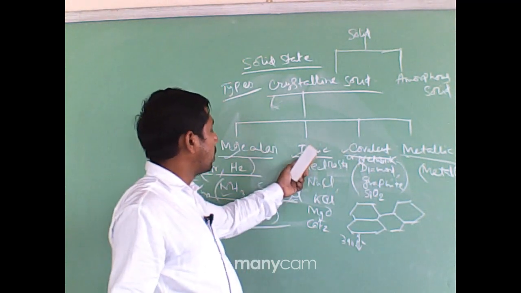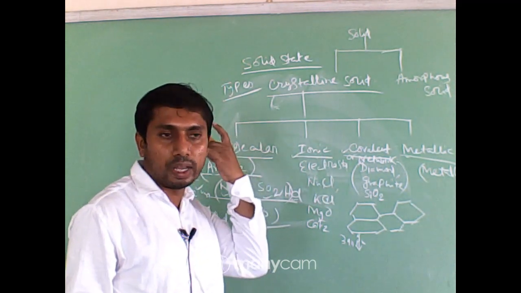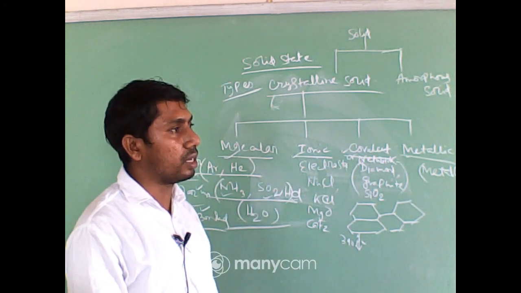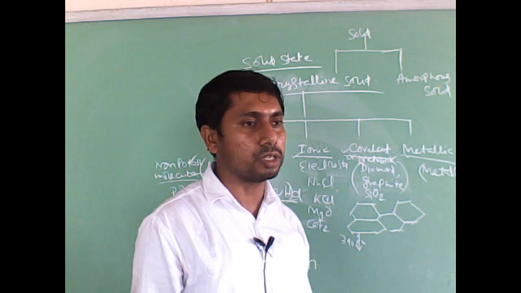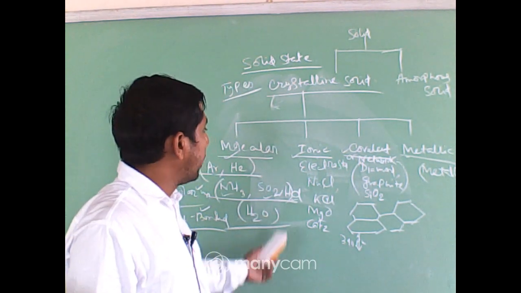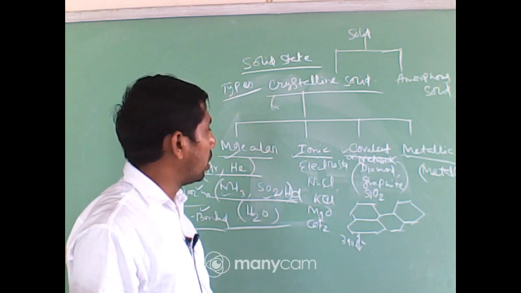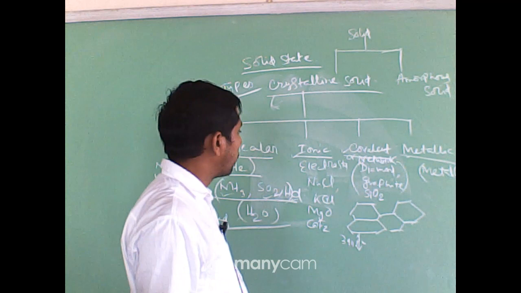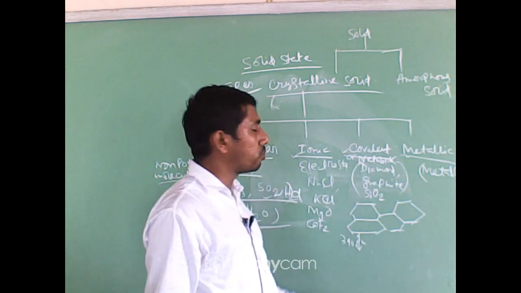Now ionic solid. Suppose 2 ions are connected through electrostatic forces, for example NaCl, KCl, magnesium oxide, calcium fluoride. When they are connected, it is called an ionic solid. Next is covalent or network solid.